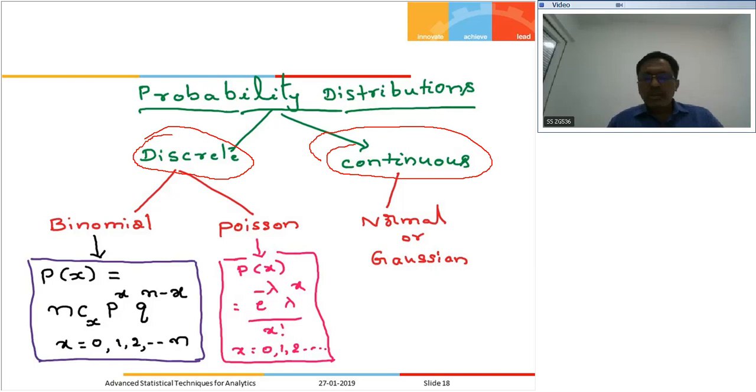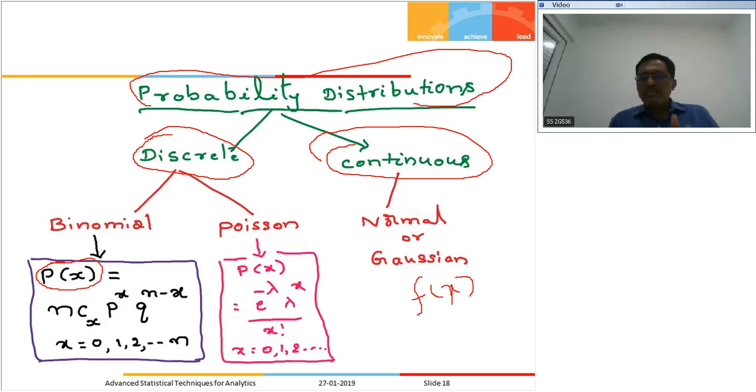Whenever continuous, we have f of x, right? Now, depending on p of x, there are many distributions defined. Depending on p of x and some properties related to it, we have various kinds of distributions. That is what we call probability distributions.